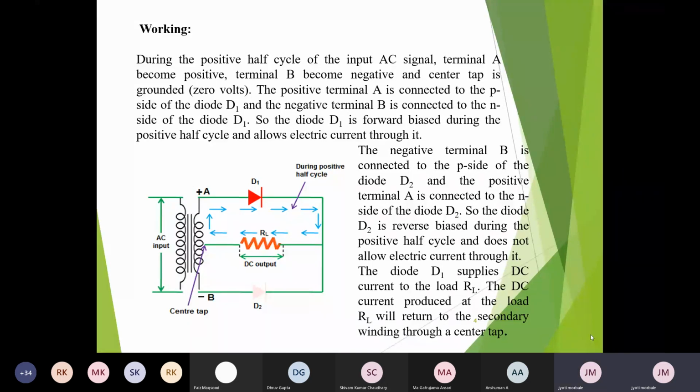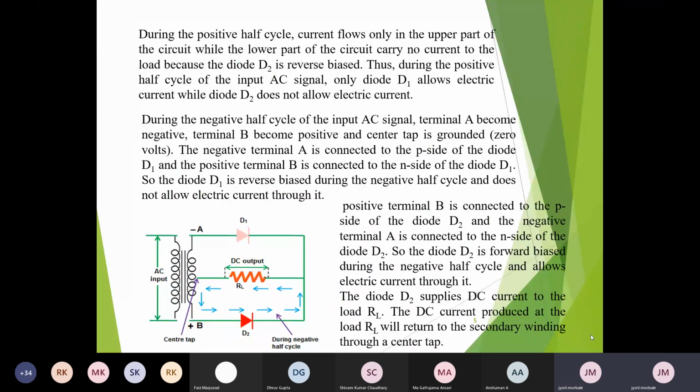Next, now look at the second PPT. When the negative half cycle appears across the secondary winding of the transformer, now terminal B will be positive, the lower terminal is positive, and the upper terminal is negative.